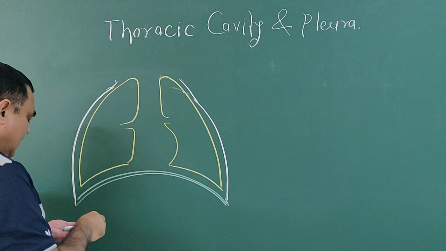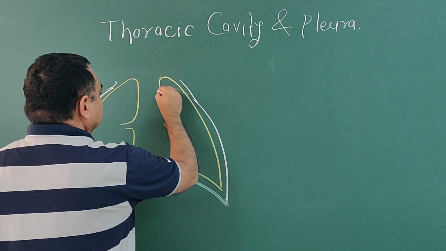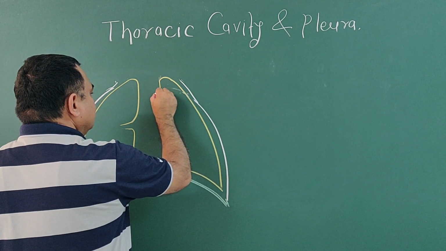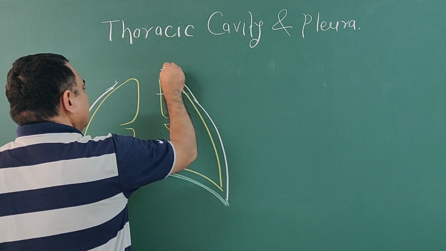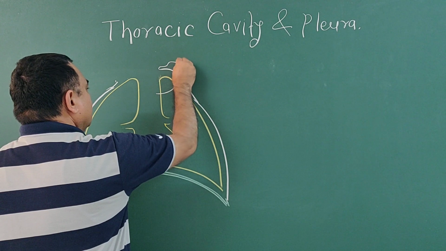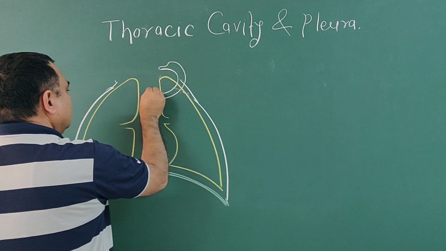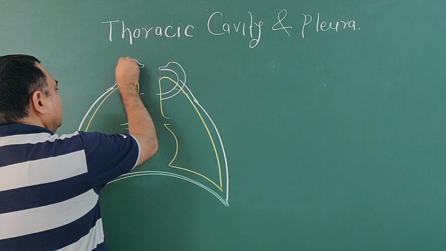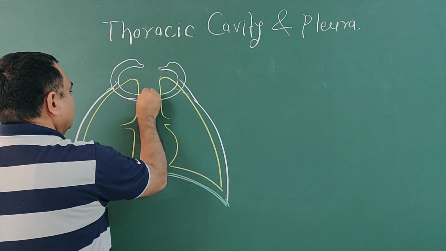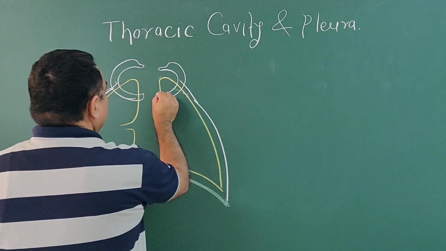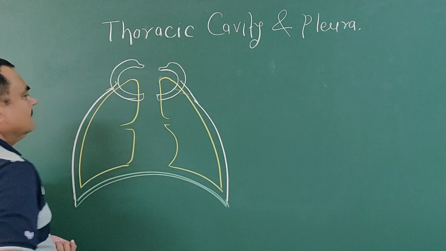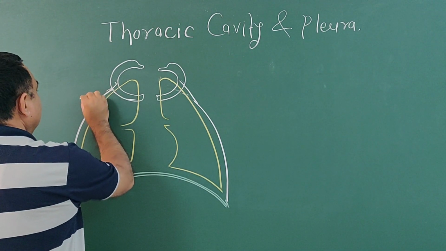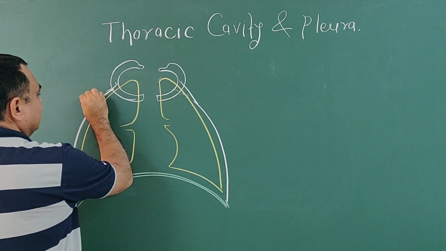Here is the position of the clavicle. Here lies the first rib. And this is the clavicle.